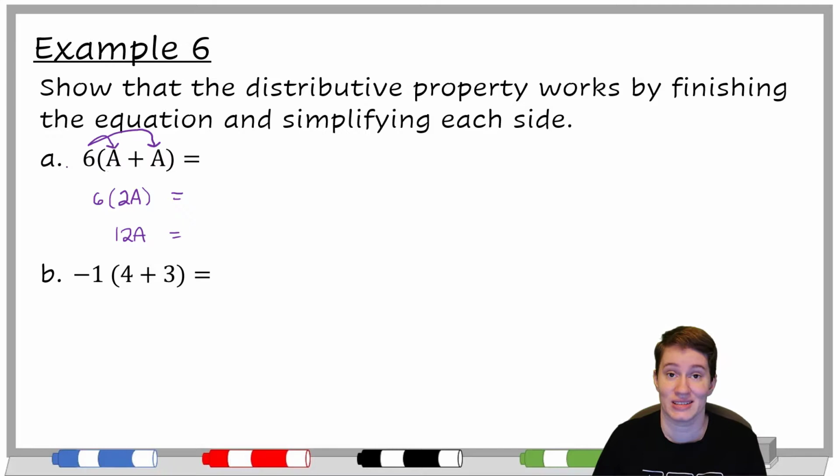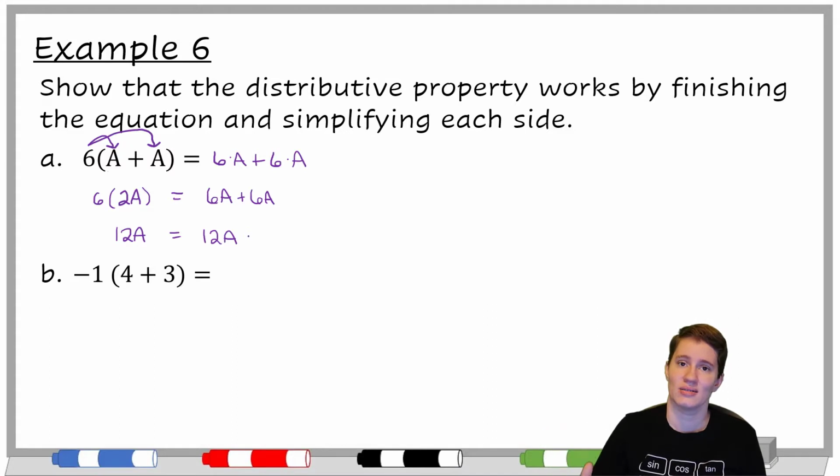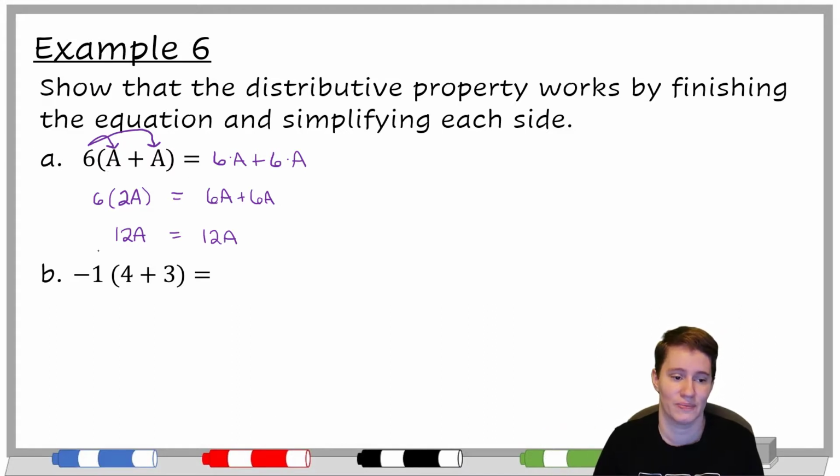But okay, anyway, 6 times A, right? And then 6 times A again. Well, 6 times A is just 6A. And so 6A plus 6A would be 12A. Ta-da! So that shows that, yeah, the distributive property works here.